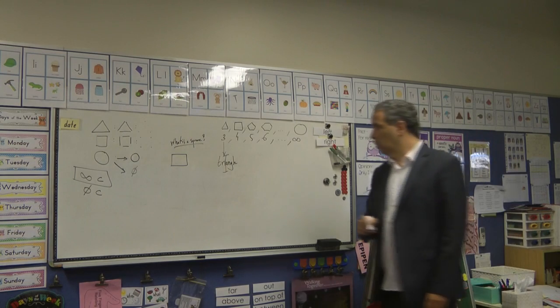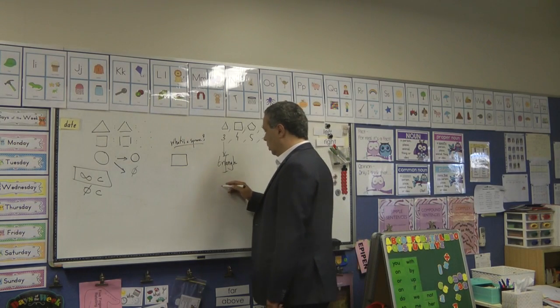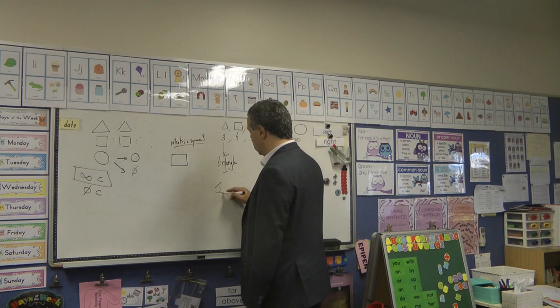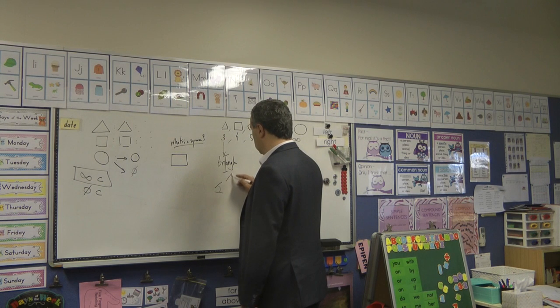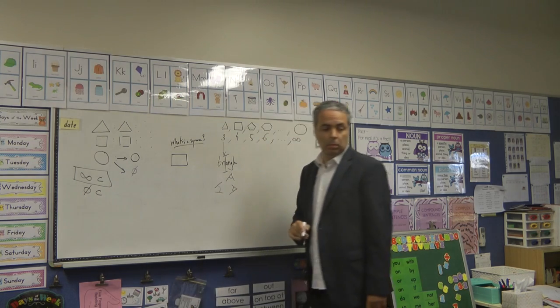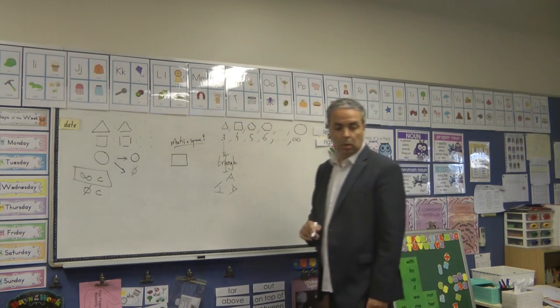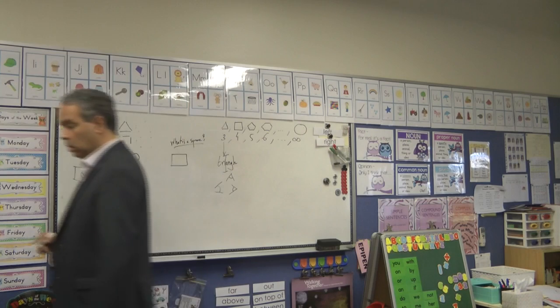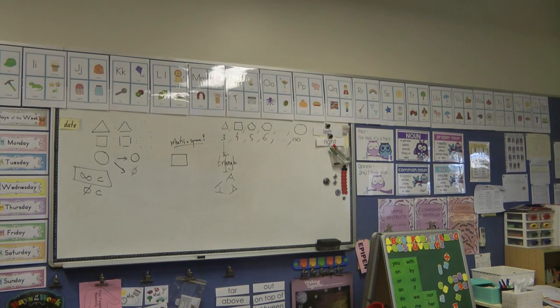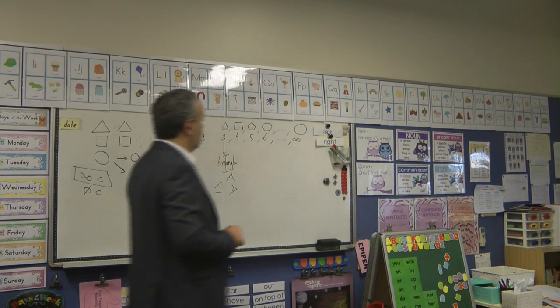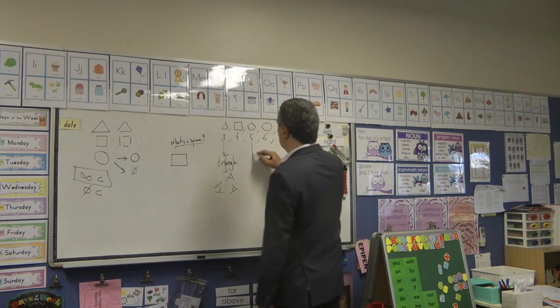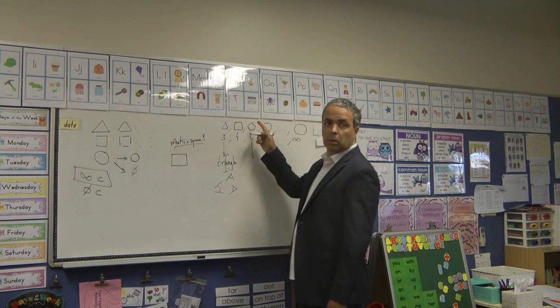In fact, a triangle means 3 angles. Okay? Right. So, how do you call this one?